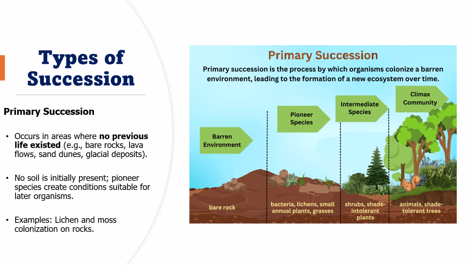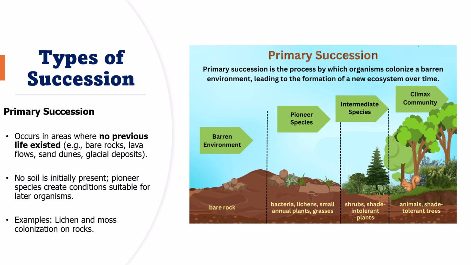Explaining primary succession, it occurs in regions where no prior life exists, such as barren rocks, lava flows, glacial deposits, or sand dunes. Since no soil is initially present, pioneer species like lichens and mosses are the first to colonize.